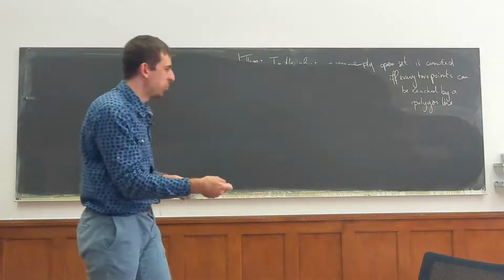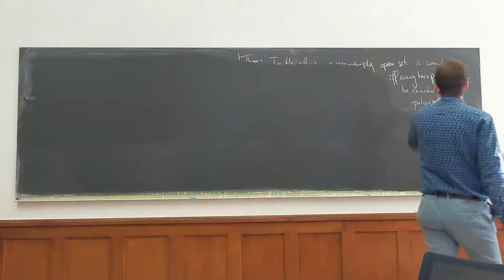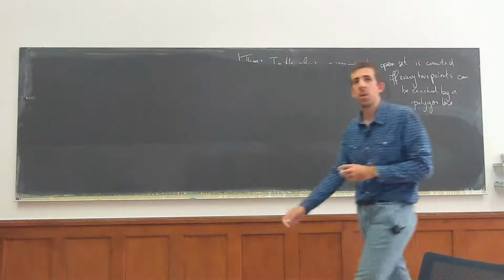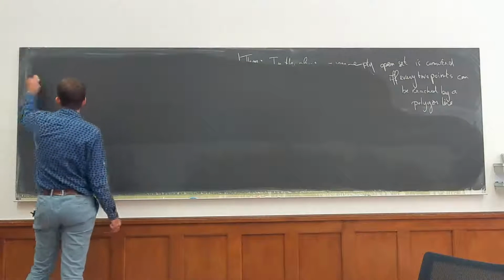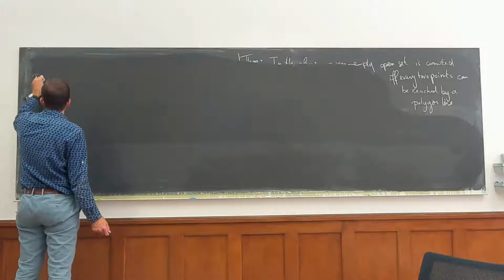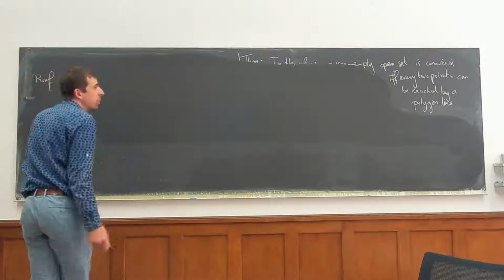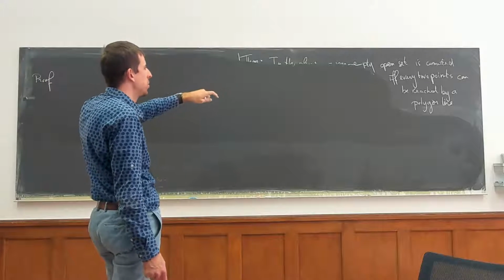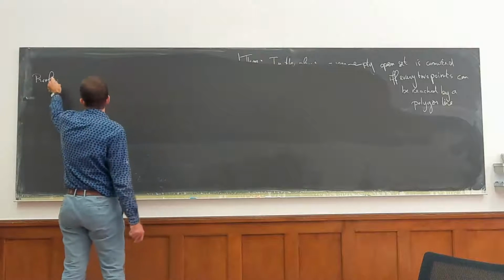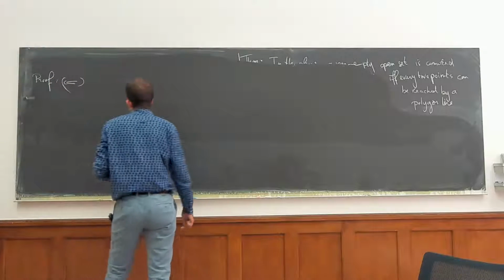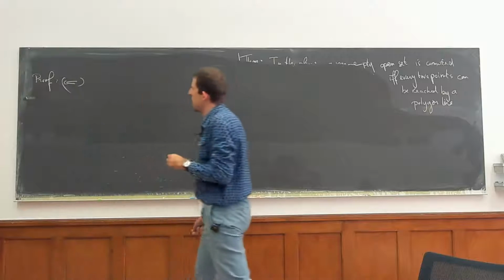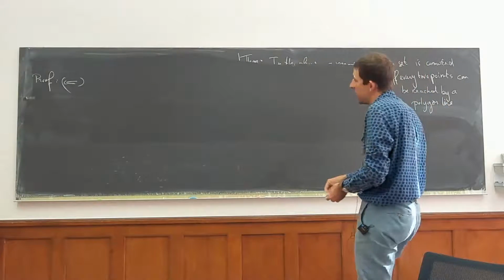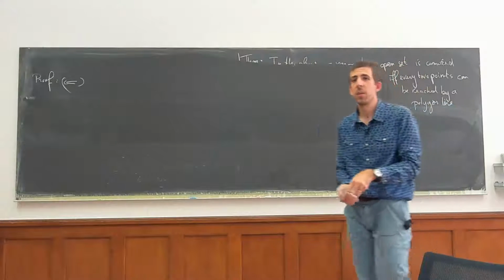So the other part of the proof: if every two points can be reached by a polygon line, then the set is connected. So the statement is that a set is connected if and only if every two points can be reached by a polygon line. I'm going to do the proof of this side. So let's say that every two points can be reached by a polygon line.